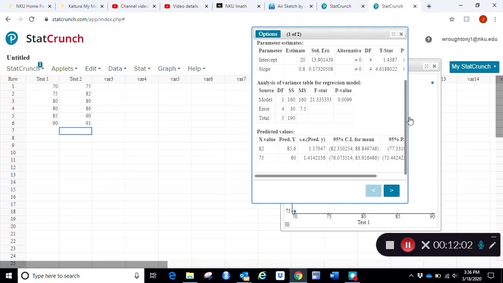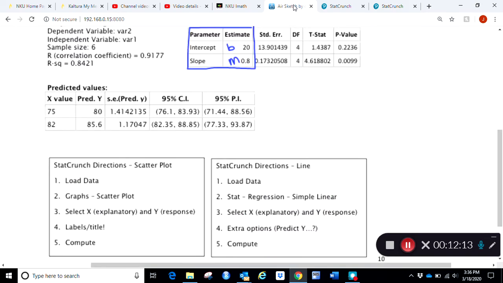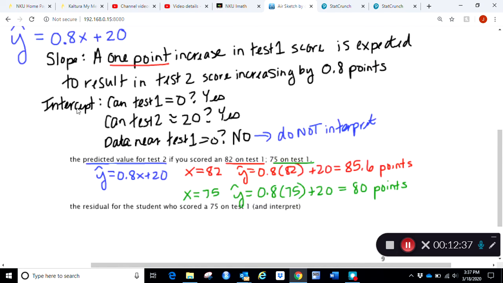But if I scroll down a little bit, you're going to see this new data that has the values of x and the predicted values of y. The main things I would be looking at are those first two columns. That's telling me my value of x. If I plug in a 75 for x, I got 80 for my predicted value of y, or my y hat. If I plug in 82, I got an 85.6. So StatCrunch will also do that same math, but that math wasn't necessarily hard to do by hand here.